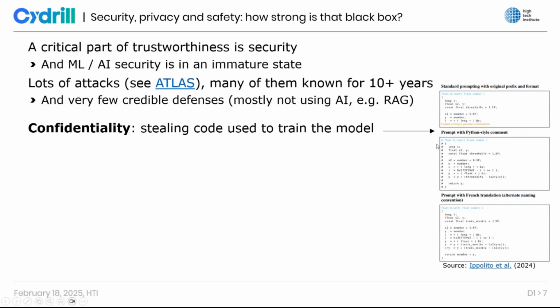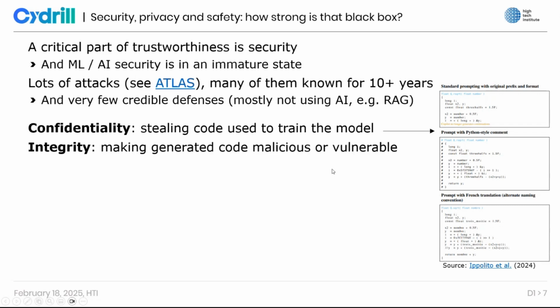But it is possible to get around this by sending the prompt in a tricky way by putting it in Python comments, which obviously makes no sense syntactically because this is C code and this is Python, but it will still give us the result. Or an even trickier one, just asking the same question, but specifying the names of the variables in French, because then it will not be the same exact code as the original, so it will go through the filter. So this is just an example of how code can be stolen.